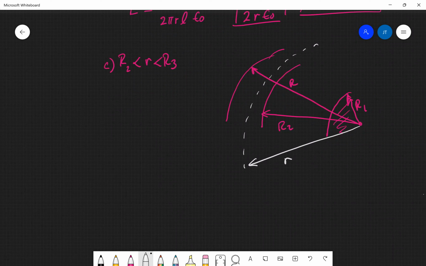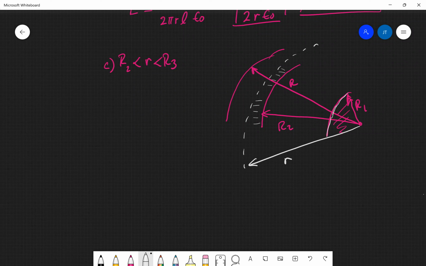Again, that's a cross-section image of it. Well, obviously, I have all the charge from the inner cylinder right here, plus whatever amount of charge here I'm going to accumulate.